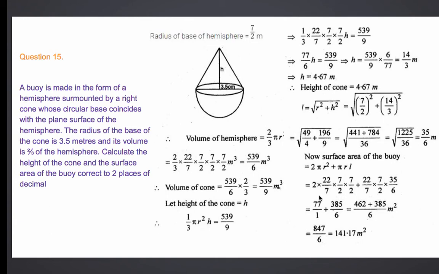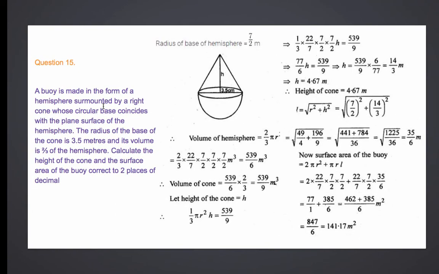Now working out the calculation, 7 will be cancelled with 7 here, 2 will be cancelled with 2. So what do we get? We get the two values on addition as 847 upon 6, or in decimals 141.17 meter square. So this was all about question number 15.